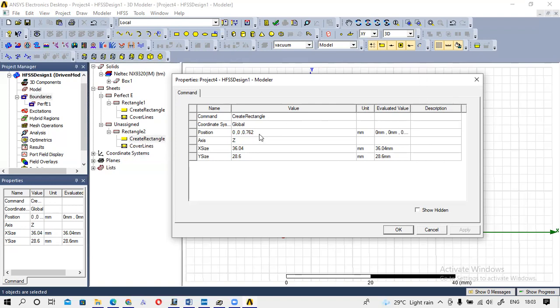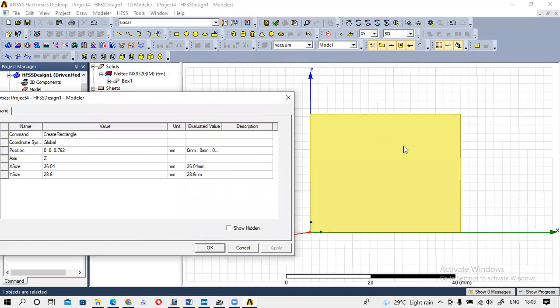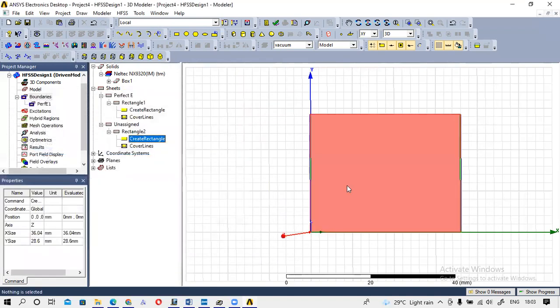That means the later drawn rectangle is on top of the material, that is why the position is 0.762. If I put this to 0, you can see it goes to the 0th value. So Z is 0, so it is not on top of the dielectric material.